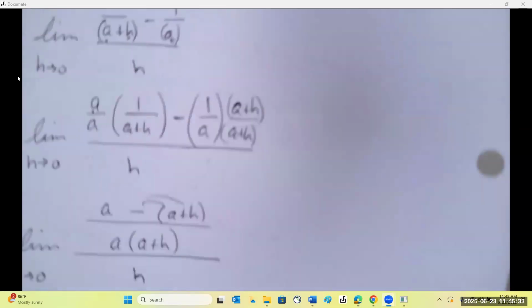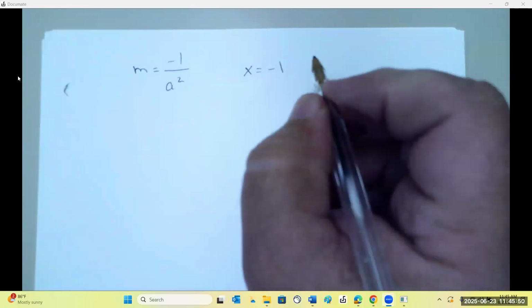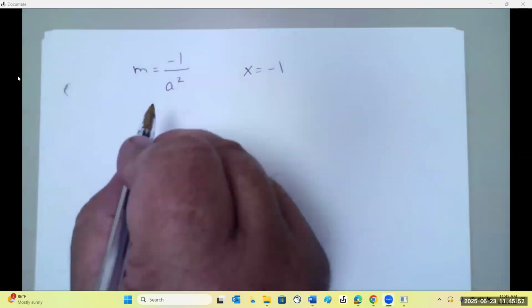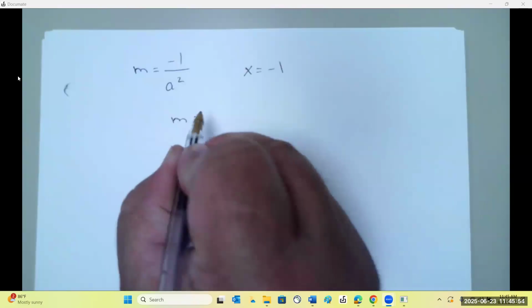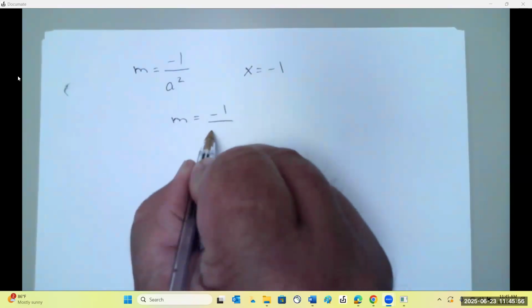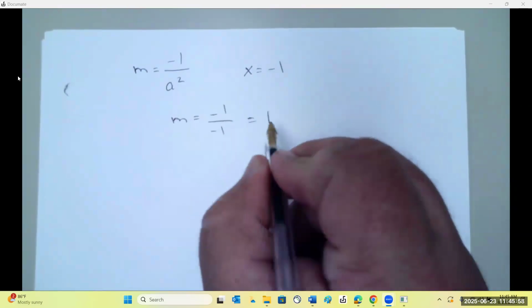What do we get? We know that our slope is -1 over a squared. So when x is equal to -1, our slope is -1.